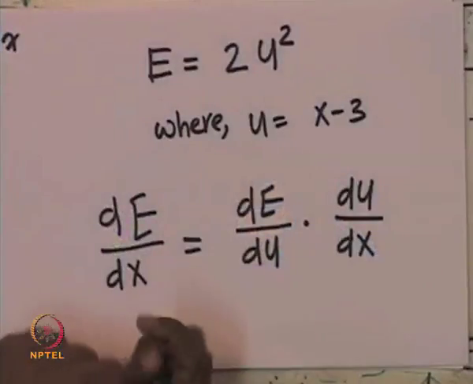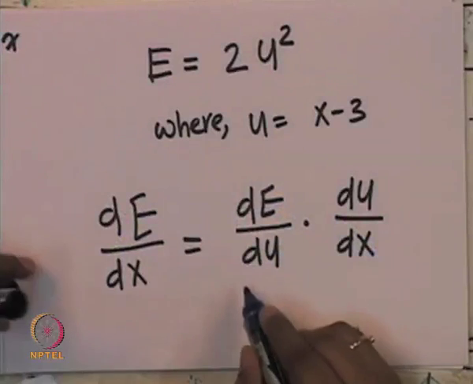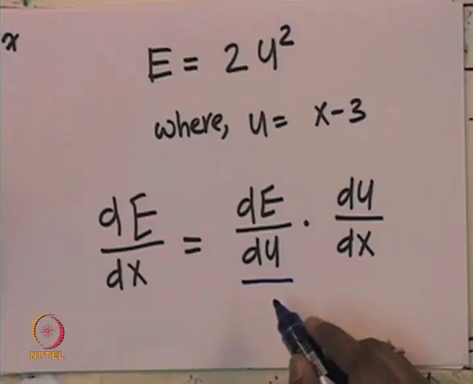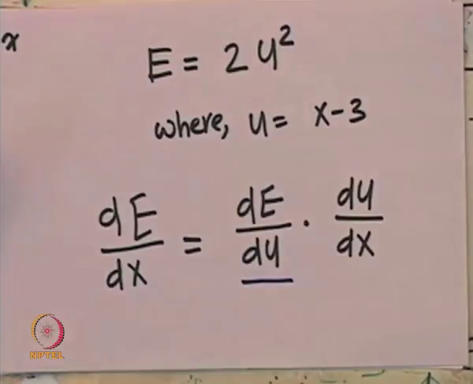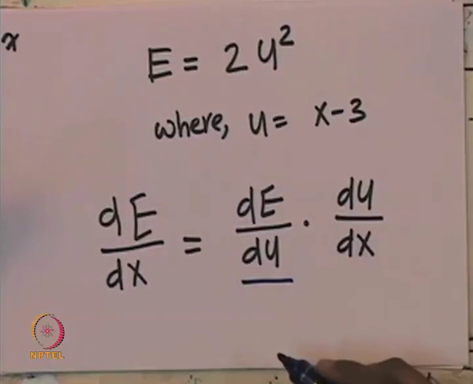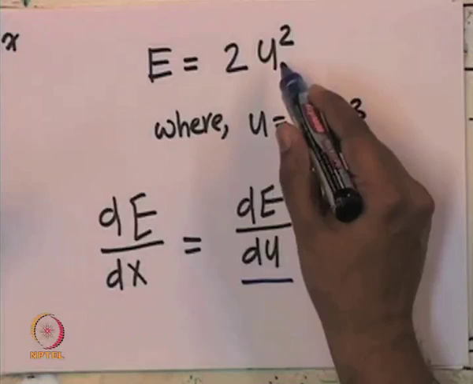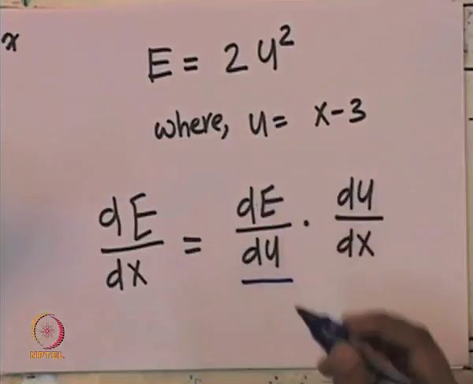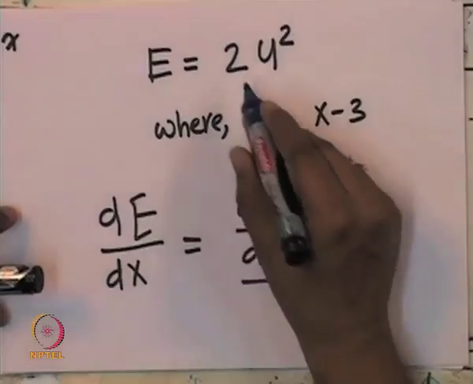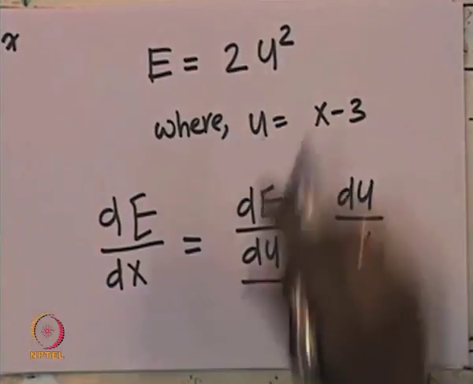Let us first find dE by du. E is 2u squared. This is like we learned, k times x to the power n. So, the derivative of u squared is 2u. Let us write this a little more carefully.